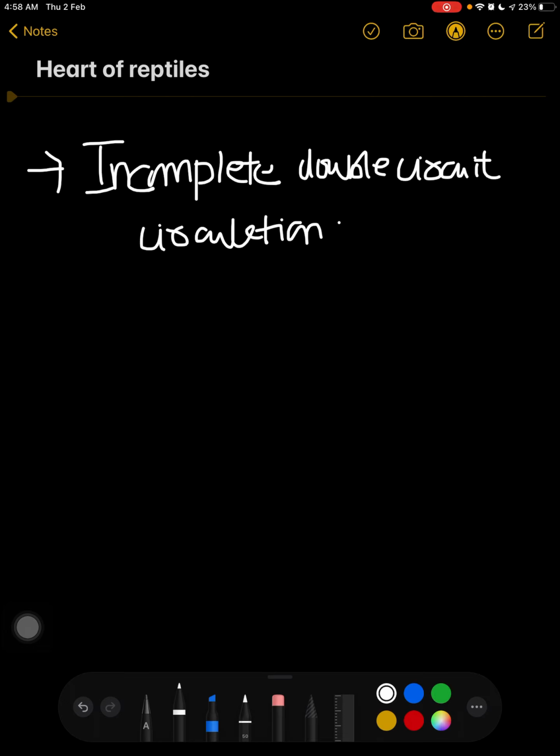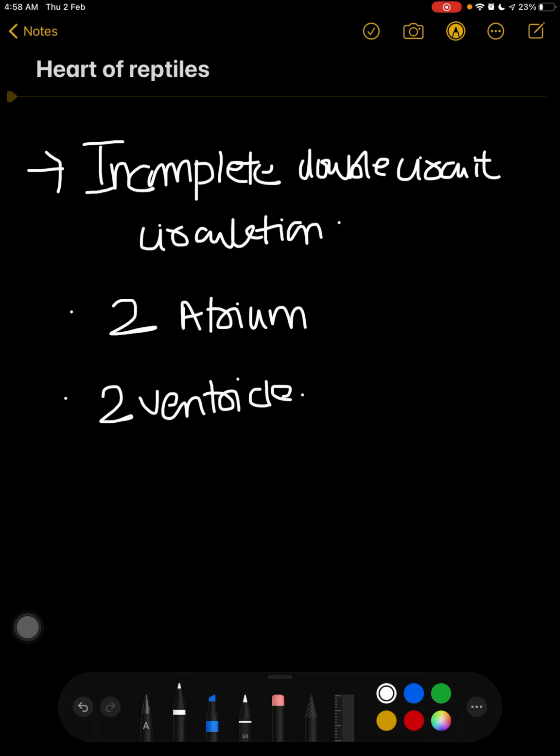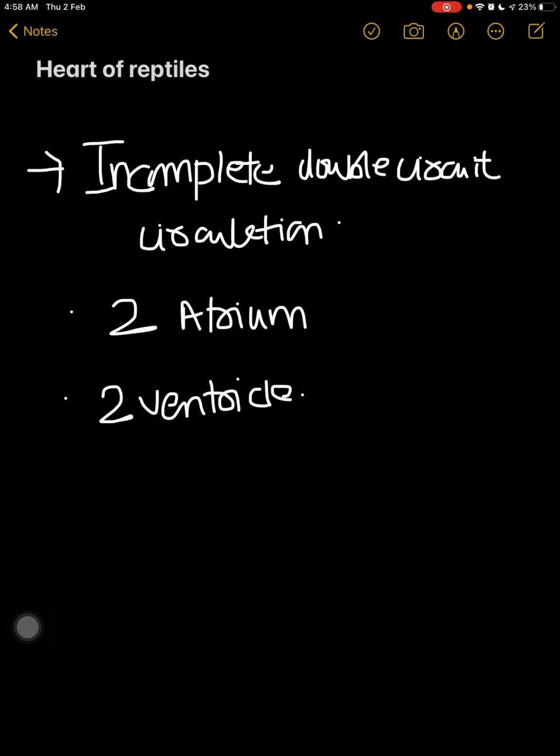So now let's look at the components, right? So first we have two atriums and two ventricles, right? So now let's come to the structure of the heart.